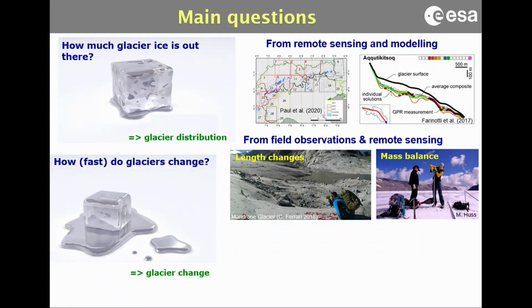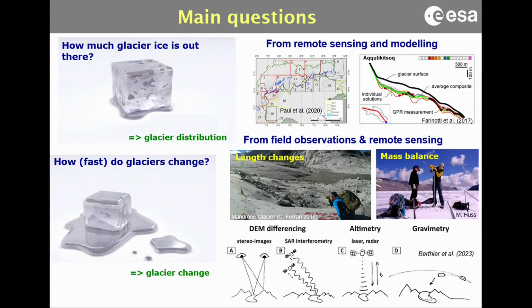How fast do glaciers change then is an issue of field observations and also remote sensing. So here for the length changes and the mass balance, two examples for the field observations that are still done on a considerable number of glaciers. So let's say about 1,000 globally for the length changes and a few hundred, depending on the year, for the mass balance.